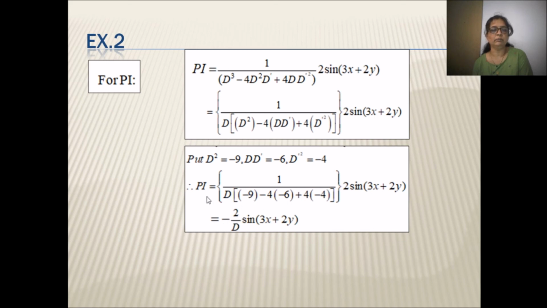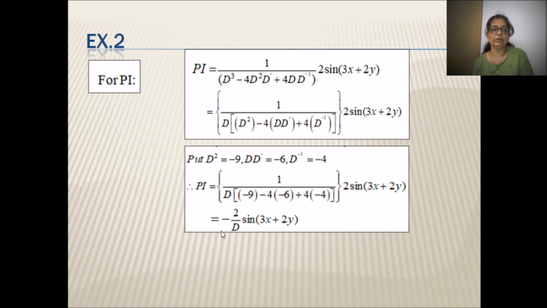Now PI equals minus 2 by D sin(3x plus 2y). When this D is in the numerator, capital D in the numerator, we differentiate with respect to x, and when this D is in the denominator, we integrate with respect to x. If there is a D dash term, then in the denominator we integrate with respect to y.